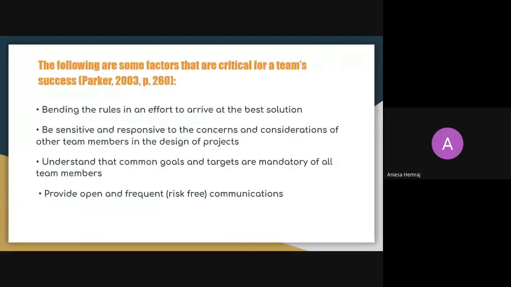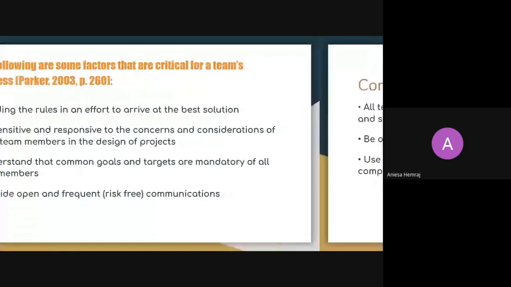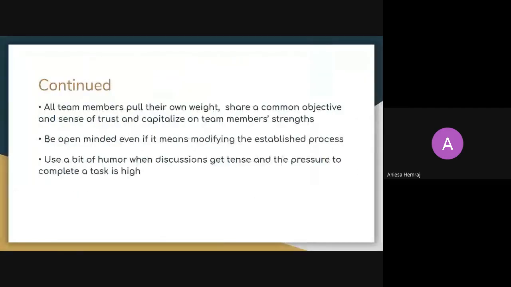Provide open and frequent risk-free communications. All team members must pull their own weight. Share a common objective and sense of trust and capitalize on team members' strengths. Be open-minded, even if it means modifying the established process, and use a bit of humor when discussions get tense and the pressure to complete a task is high.